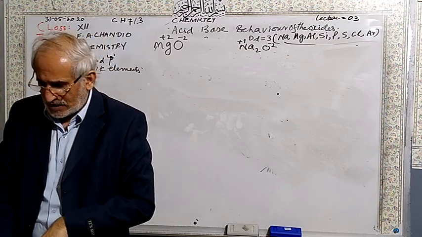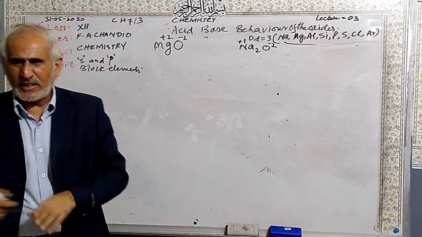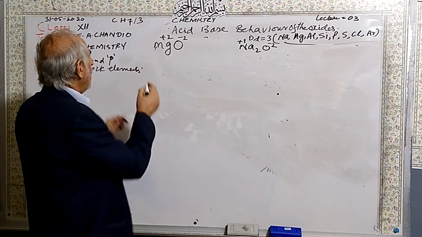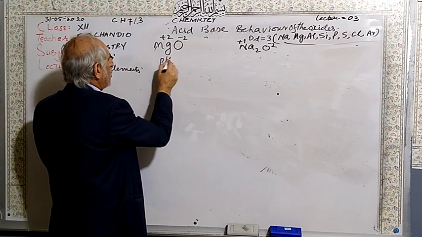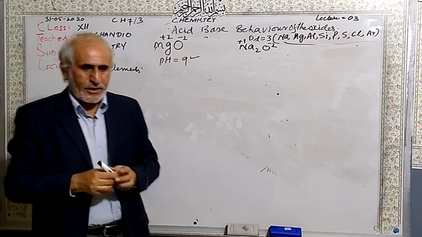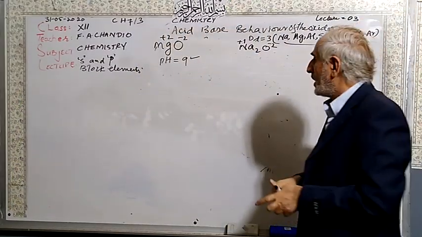So the pH of this liquid is very weakly basic. If you dissolve it in water, this solution will give a pH of about 9. Greater than 7 pH is basic, less than 7 is acidic.